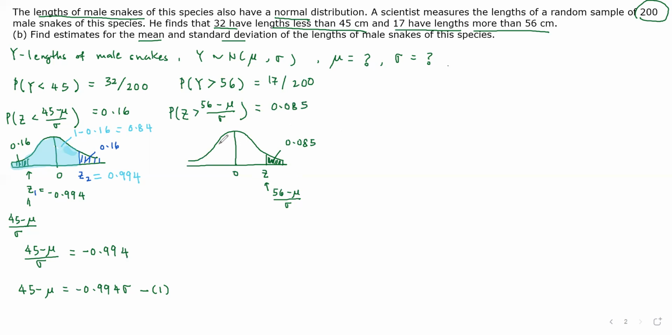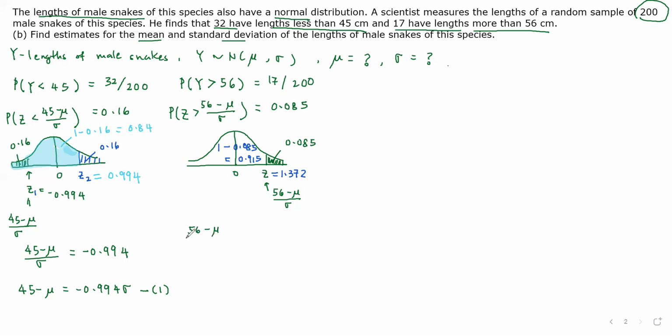Then to find this area, we take 1 minus 0.085, and this has value 0.915. So we look at the area of 0.915 and read the first column and the first row to find a Z value of 1.372.